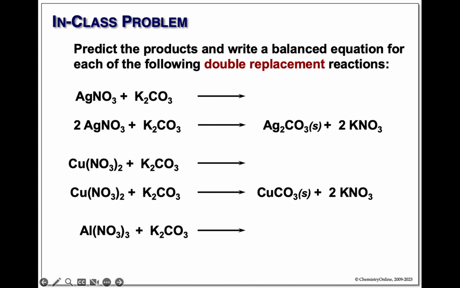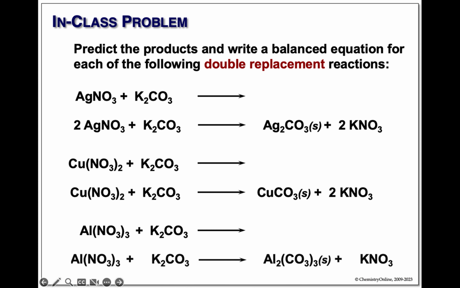The next one, aluminum carbonate, will be our solid. Again, potassium nitrate will stay in solution. We have 1 aluminum, 2 aluminums. Let's double it. We have 3 carbonates. Only 1.